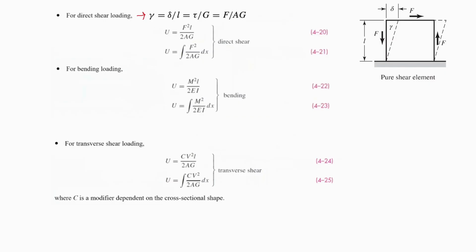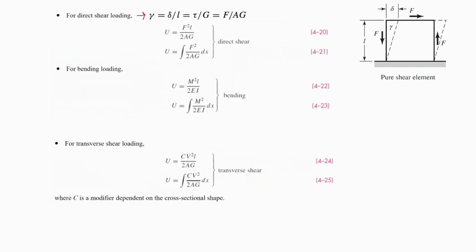If the structure is subject to transverse shear loading, the strain energy can be expressed as follows. The strain energy U is equal to C times V squared times L over 2AG. Here C represents a constant which depends on the geometry of the cross-sectional shape.